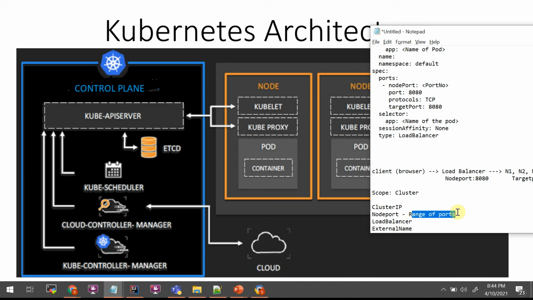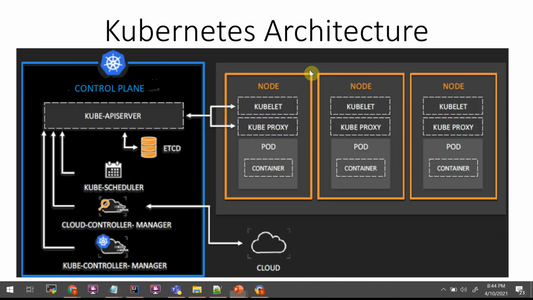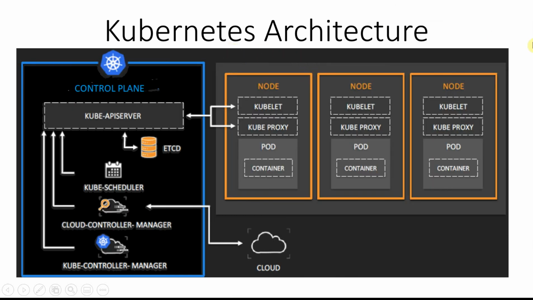Typically, 30K to 37K will be the range of these ports. There is the exact number in a slide, but this is the range that you give for the node port. Then next is the type load balancer. I think we saw this already. By giving the load balancer, you are telling there is a layer on top of this.